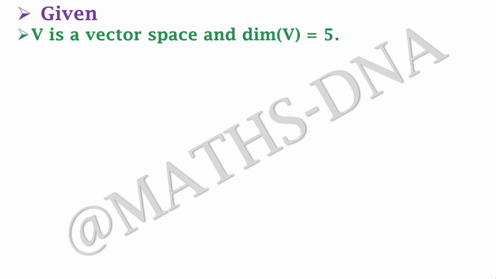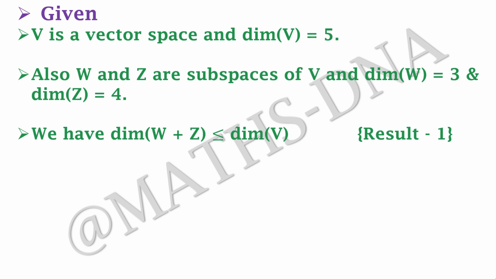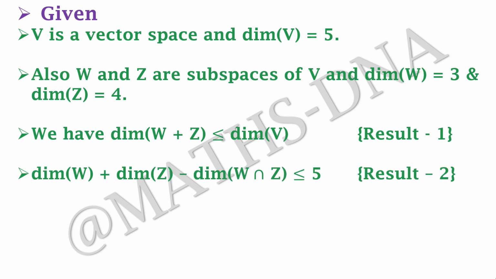Now let us solve the question. It is given that V is a vector space of dimension 5, and W and Z are subspaces of V with dimension of W equal to 3 and dimension of Z equal to 4. Using the first result, dimension of W plus Z is less than or equal to dimension of V. Now applying the second result gives dimension of W plus dimension of Z minus dimension of W intersection Z is less than or equal to the dimension of V, that is 5.